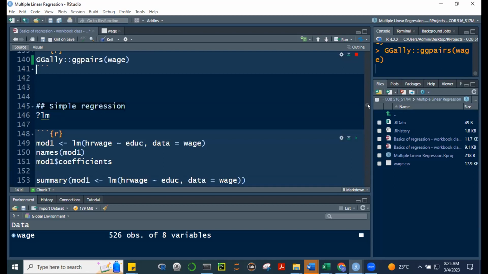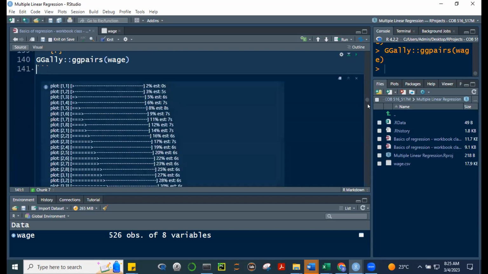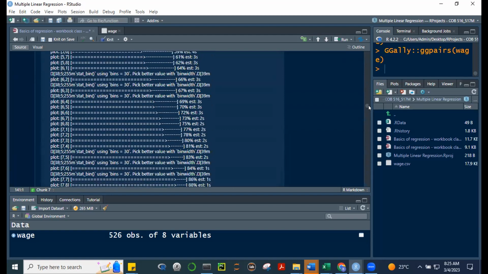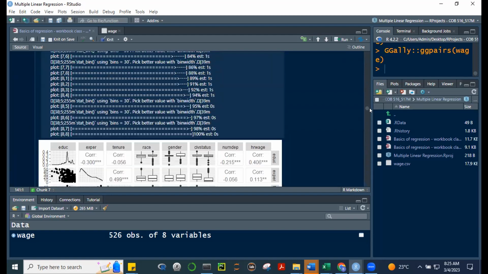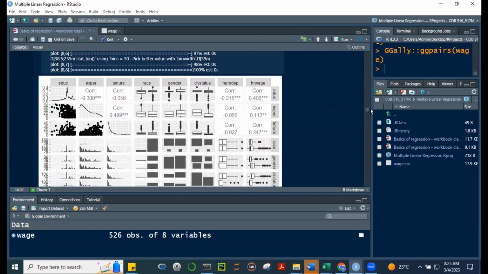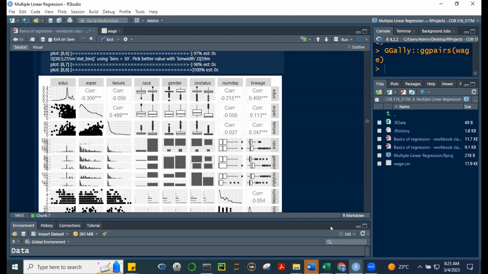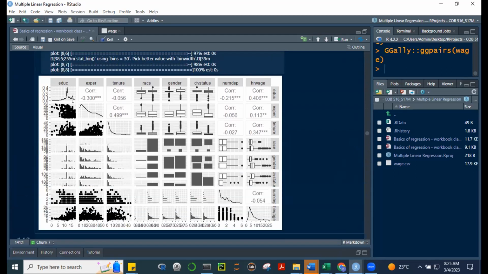And we would want the independent variable to be highly correlated with the dependent variable, but not the independent variables with themselves. Okay, so we can see here, all right.